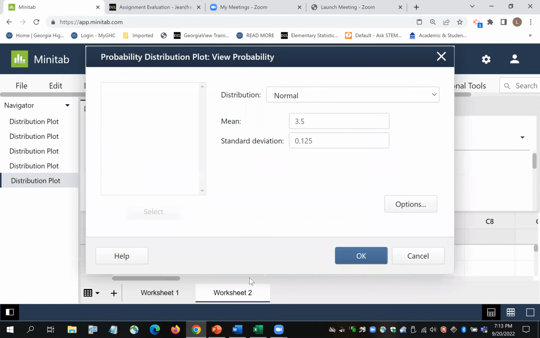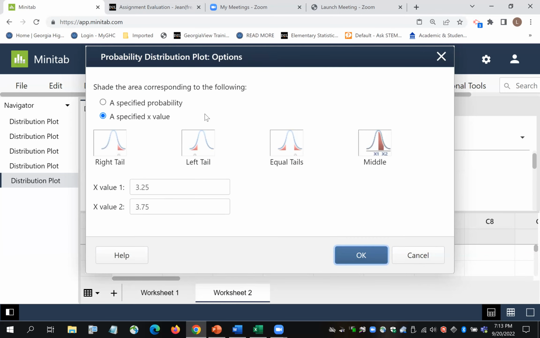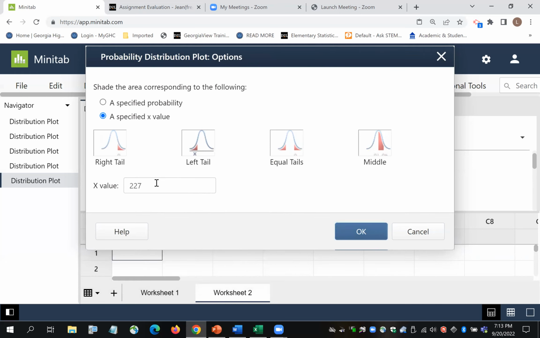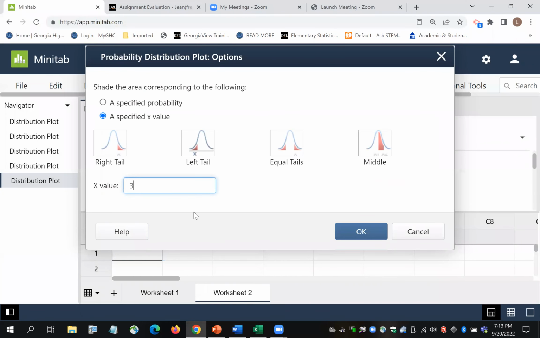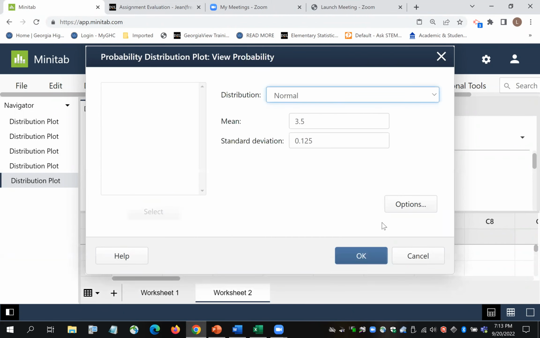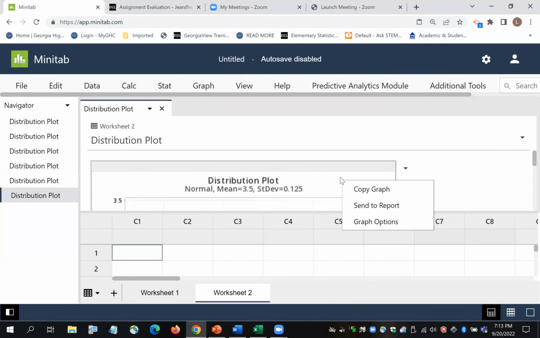It's normal with a mean of 3.5, standard deviation of 0.125. Going to options, it was a less than or left tail, and we wanted to be less than 3.6. We get our distribution plot.